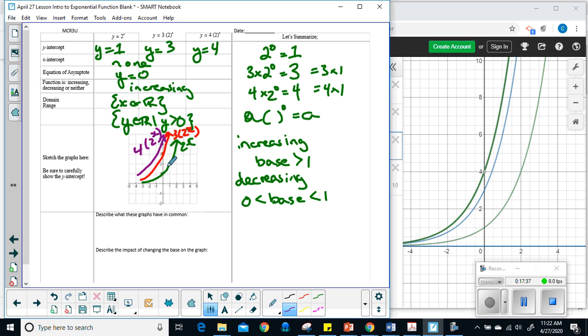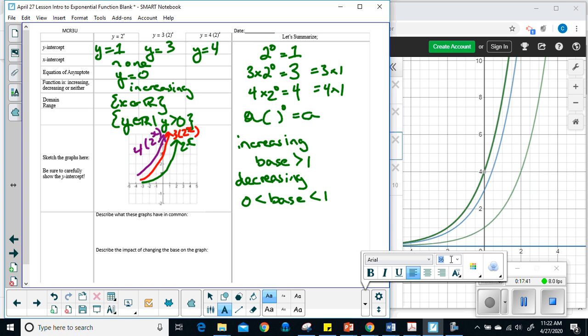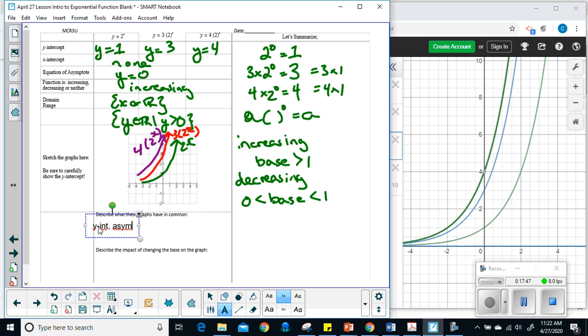Okay, a few little comments just to finish it all off. Describe what these graphs have in common. They still had their y-intercept, asymptote, the shape-ish, and the effect of changing the base. We didn't change the base, we changed the number in front.